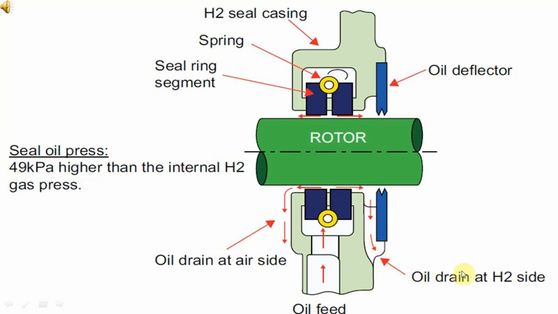This oil is forming a film which is sealing the hydrogen inside the generator, and at the same time this oil film is preventing ingress of atmospheric air into the generator. Here we can see the spring which is holding the seal ring segment on the rotor shaft.